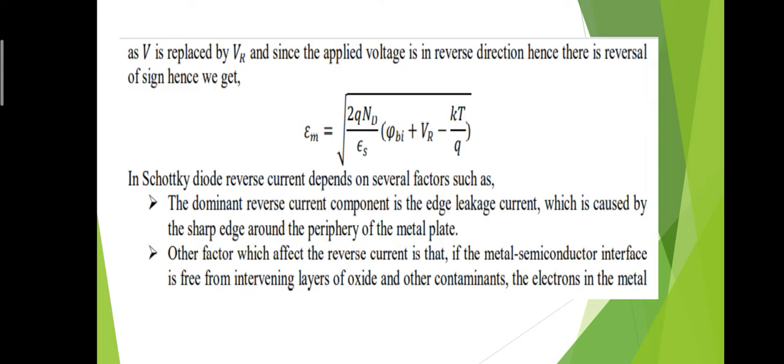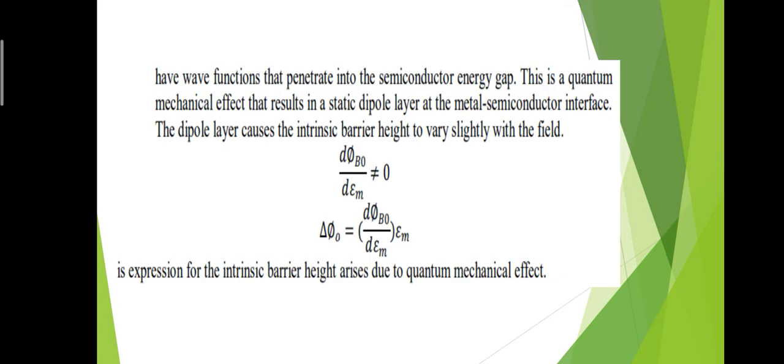The electrons in the metal have wave functions that penetrate into the semiconductor energy gap. We know that there is an energy gap in the semiconductor, and the electrons have corresponding wave functions, and these wave functions penetrate into the energy gap of that particular semiconductor. When the electrons penetrate through the energy gap, that means through the barrier, this effect is nothing but quantum mechanical tunneling.